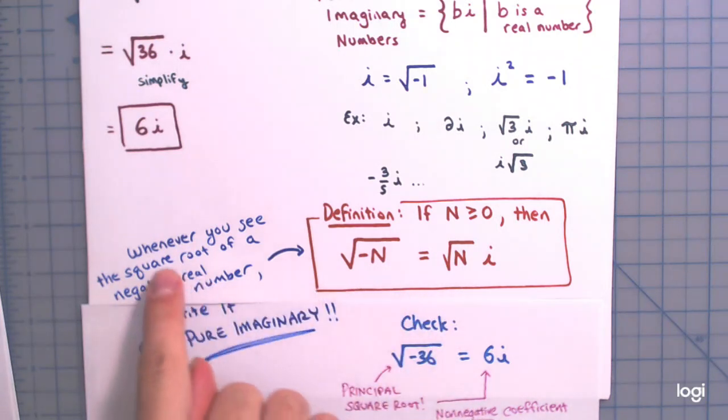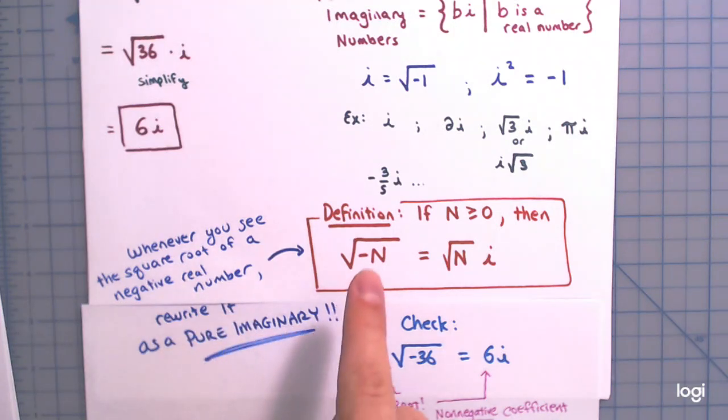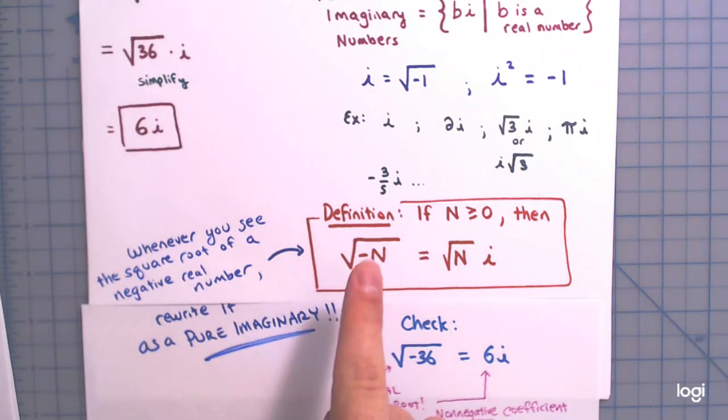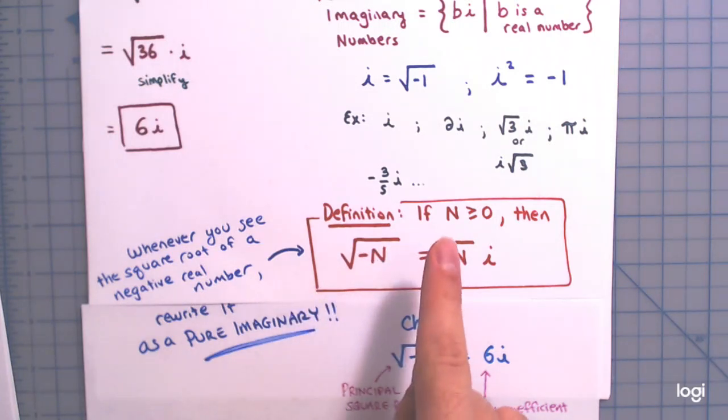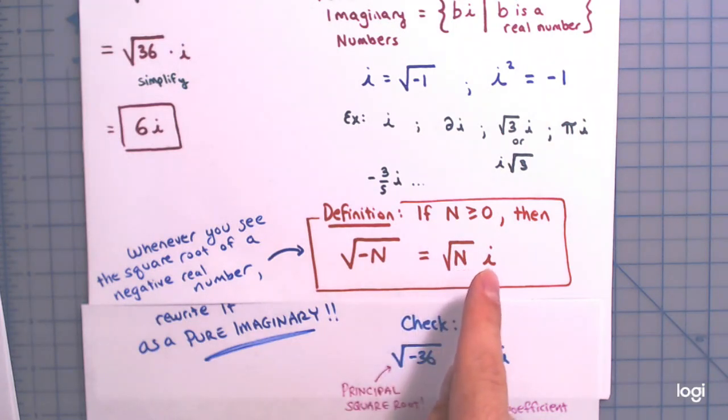Whenever you see the square root of a negative real number, please rewrite it as a pure imaginary. The square root of negative n, where n is non-negative but negative n would be negative, is just the square root of the non-negative number times the imaginary unit, right? Some real number times i, a pure imaginary.